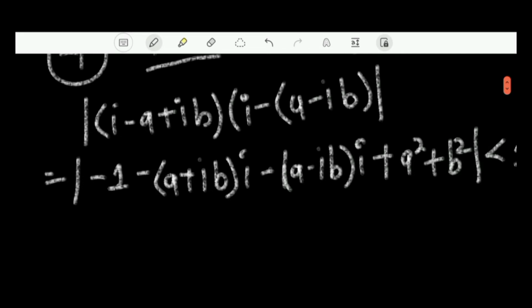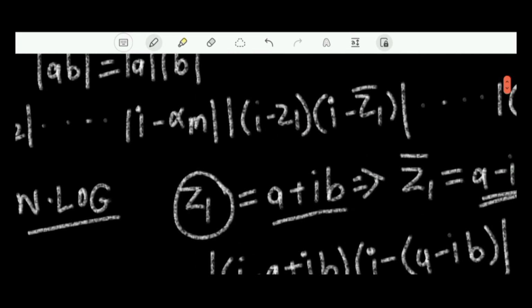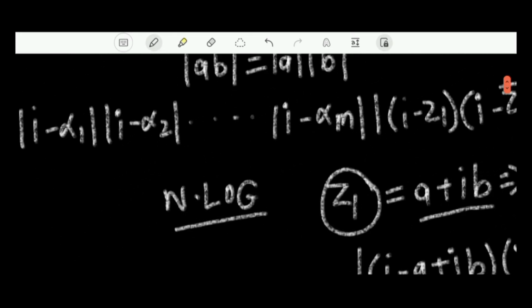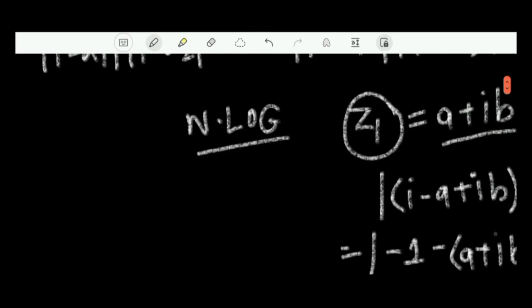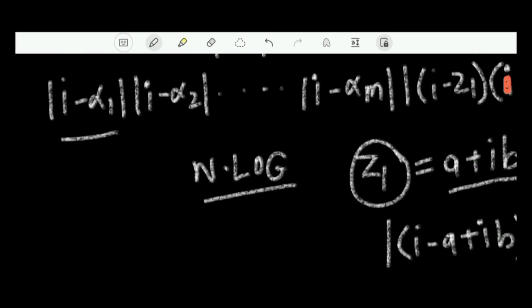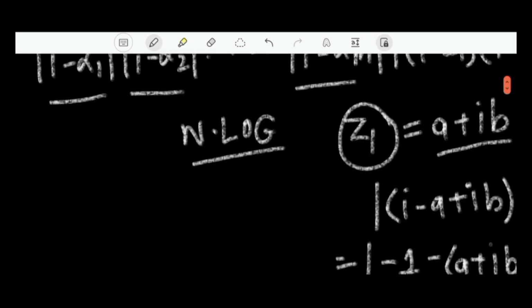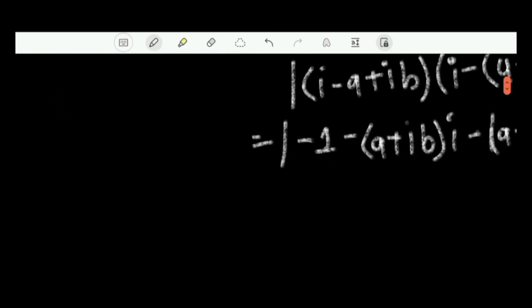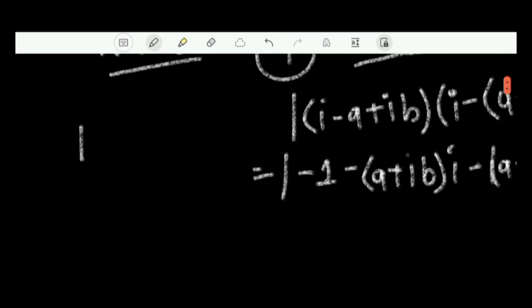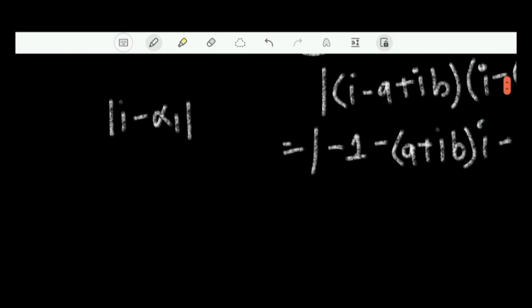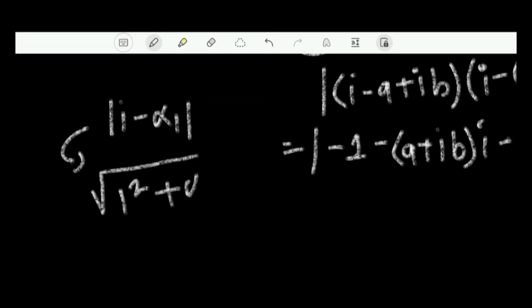Here is the reason, if you think carefully: each term in the real part, we can write like 1 minus alpha 1. We can write this as the square root of 1 square plus alpha 1 square.